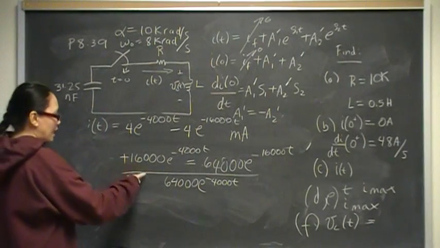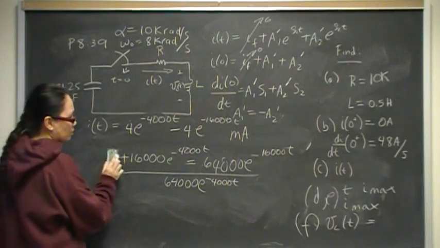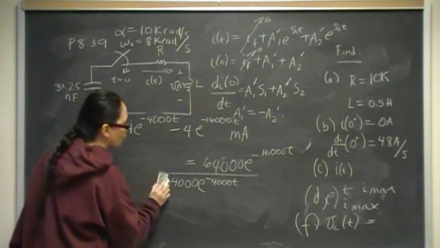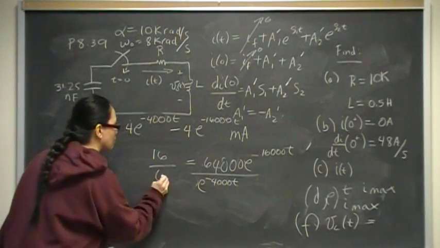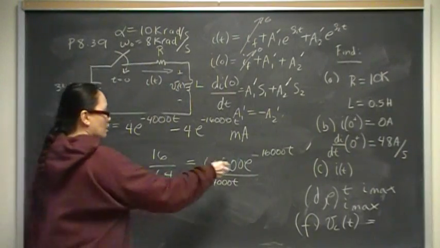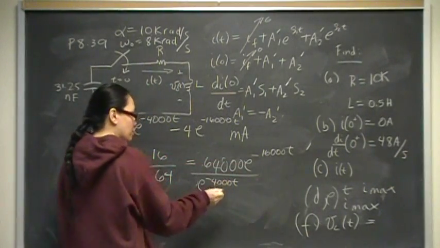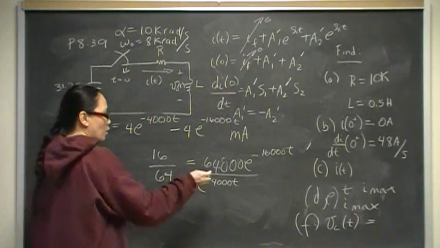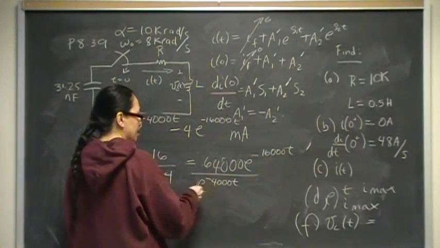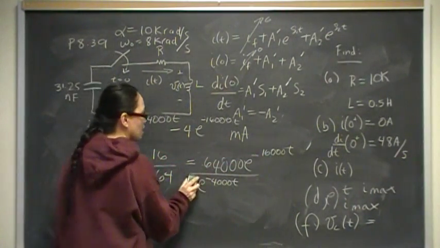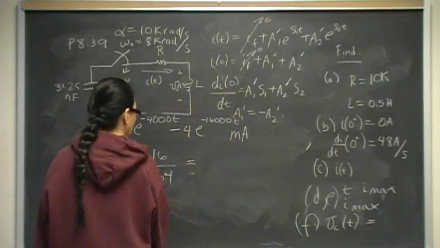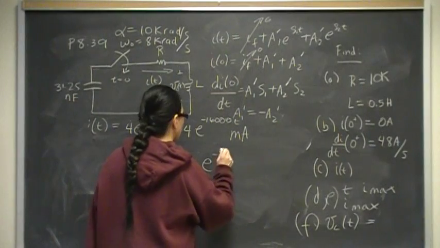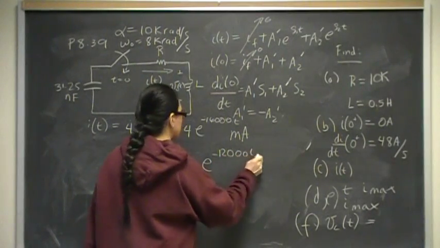So on this side, I'm going to have 16 over 64. Exponents subtract, so negative 16,000 minus negative 4,000 is going to give me e to the negative 12,000 t on this side.